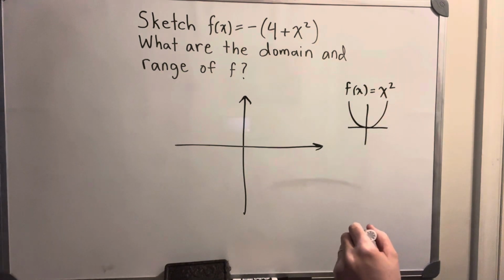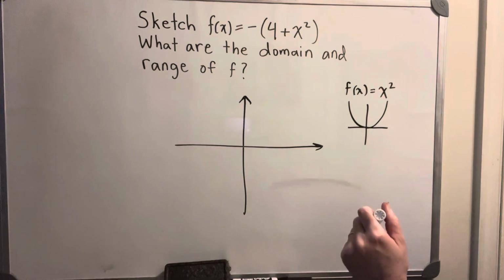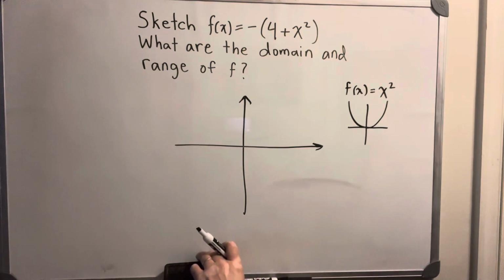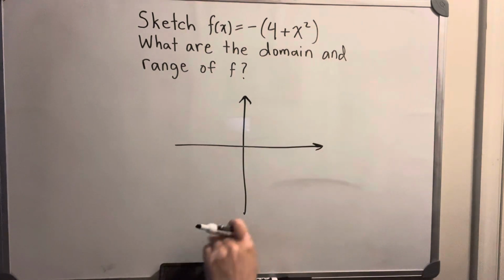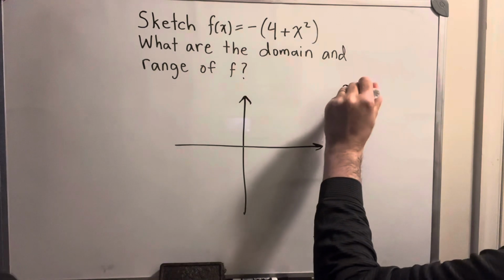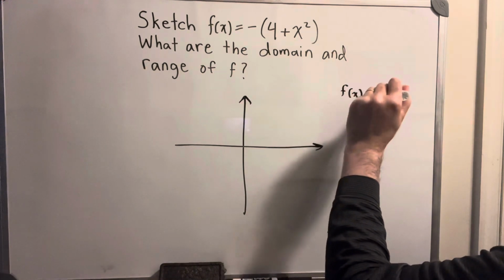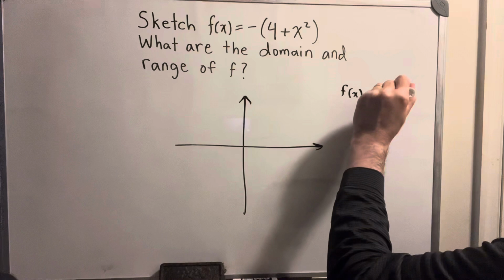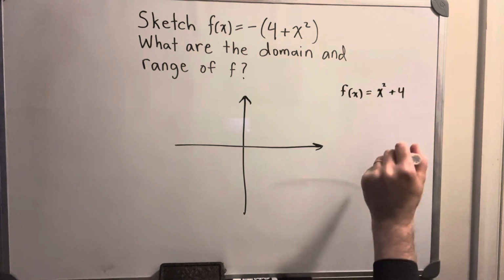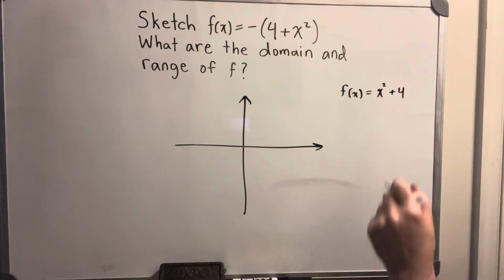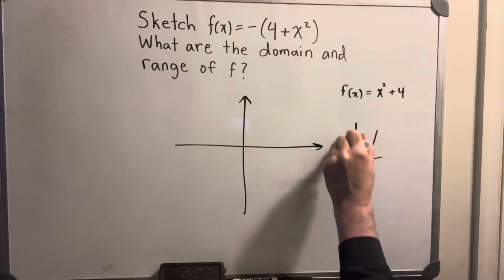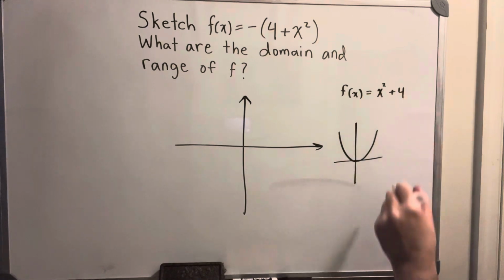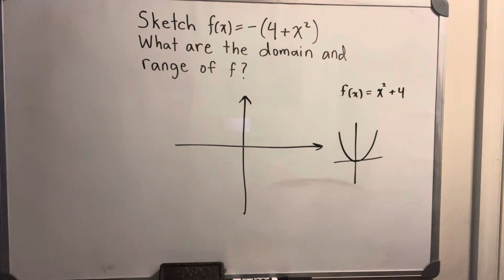Now, we're building up functions out of functions. What does this function look like? What if you took every value from this function and you increased it by 4? What would that be?